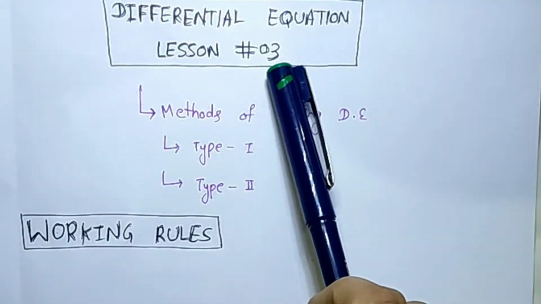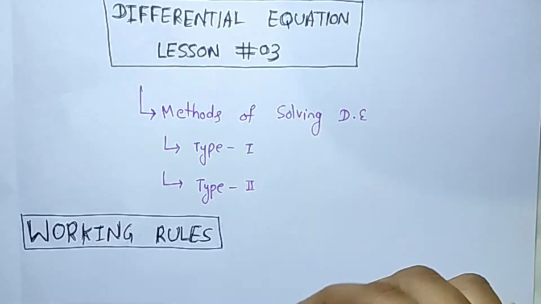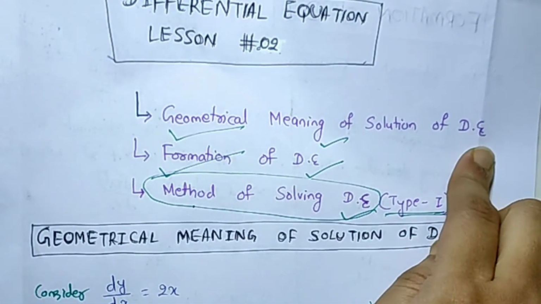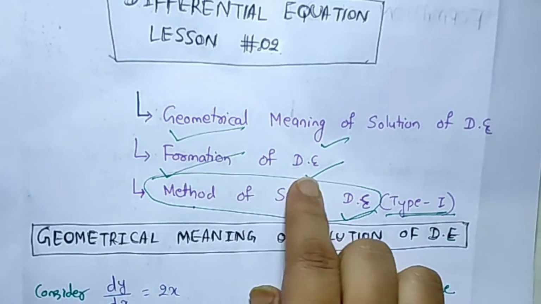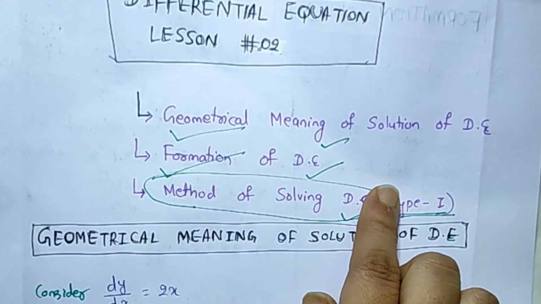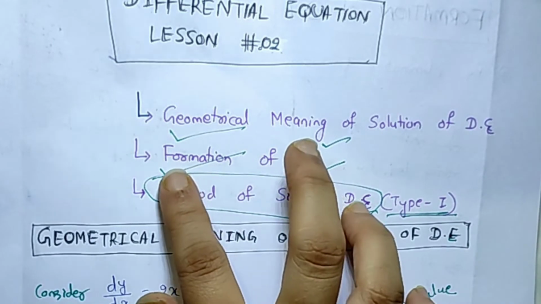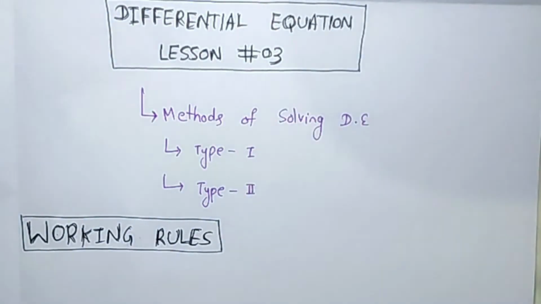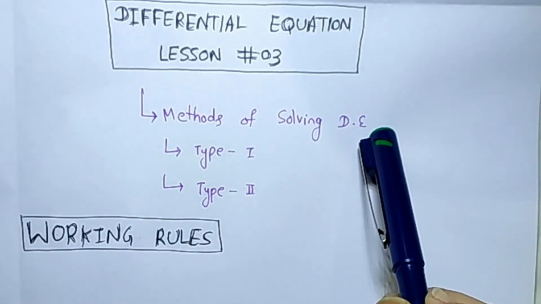This is lesson number 3 of differential equation. In the previous lesson, we completed the geometrical meaning of solution of differential equation and formation of differential equation. We have done so many examples on formation of differential equation, and today we are going to cover methods of solving differential equation.